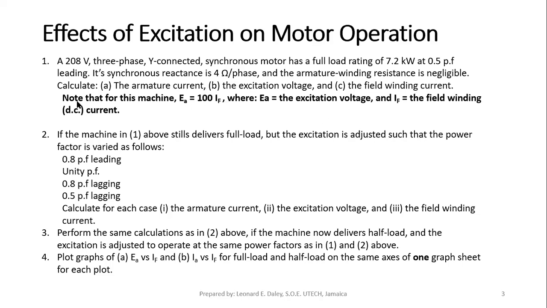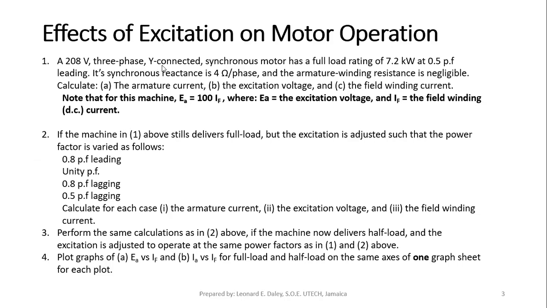Now, remember before we spoke about the direct relationship between the field winding current and the AC excitation voltage, or the induced EMF in the stator. So for this machine, EA is equal to 100 times the field winding current.